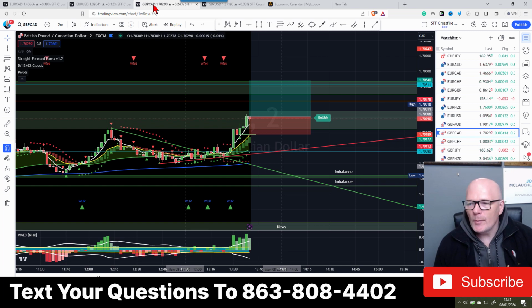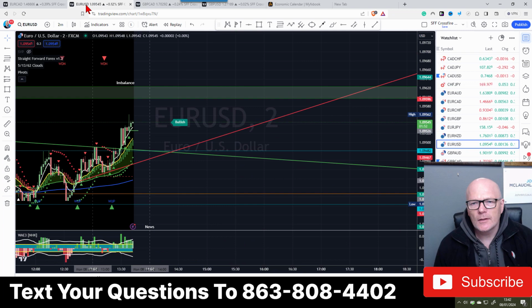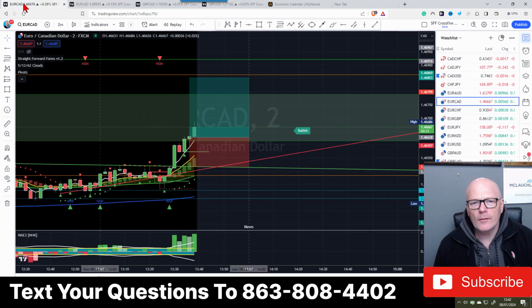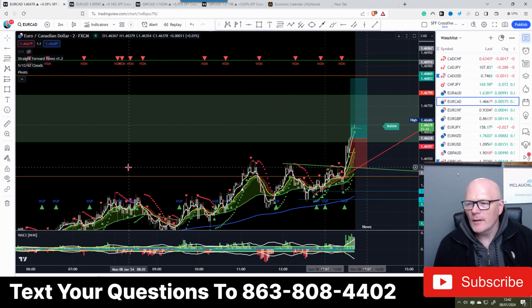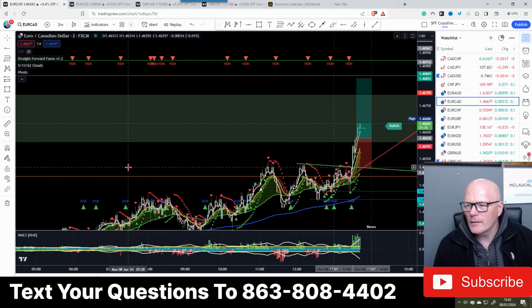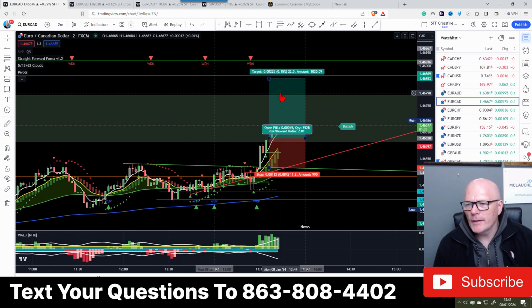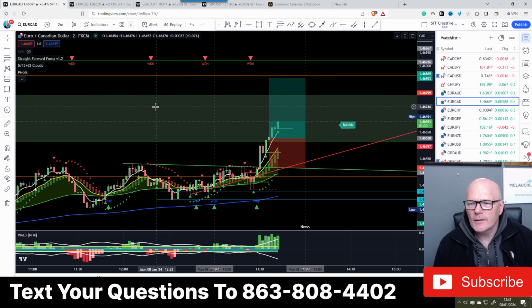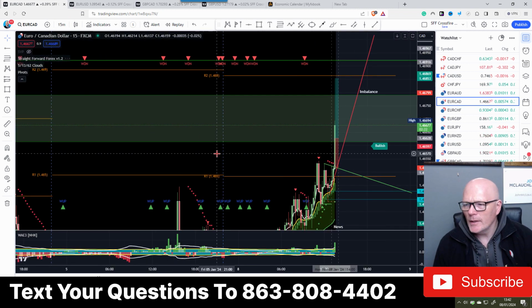So GBP CAD is still dithering around this kind of area here. We'll see how that goes. Euro USD. I think we've got a euro trade on right now, so that's going to do very similar things to that. If we come back and have a look, I don't think we've got anything. I'll have to go on the 15-minute time frame and look at that, but again, we're going to use the imbalance as our areas of interest, and then obviously we've got the pivot point.